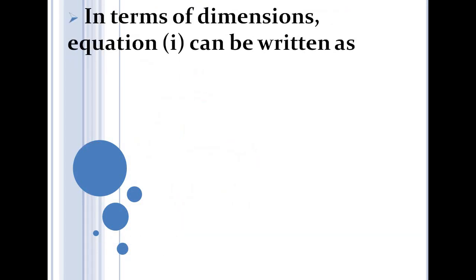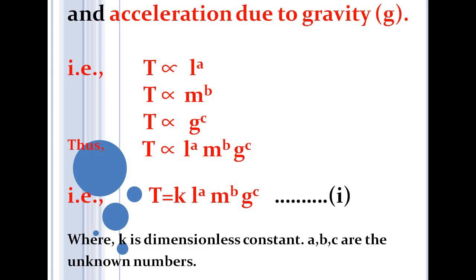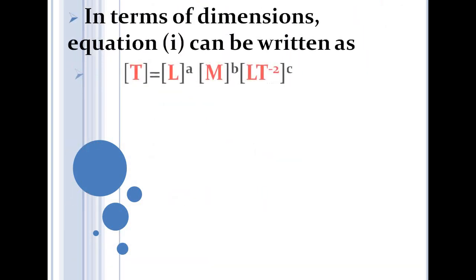Now write equation 1 in terms of dimensions. Time has the dimension T, length has the dimension L, and its power as it is. Similarly, mass has the dimension M, and the acceleration due to gravity has the dimension LT minus 2.